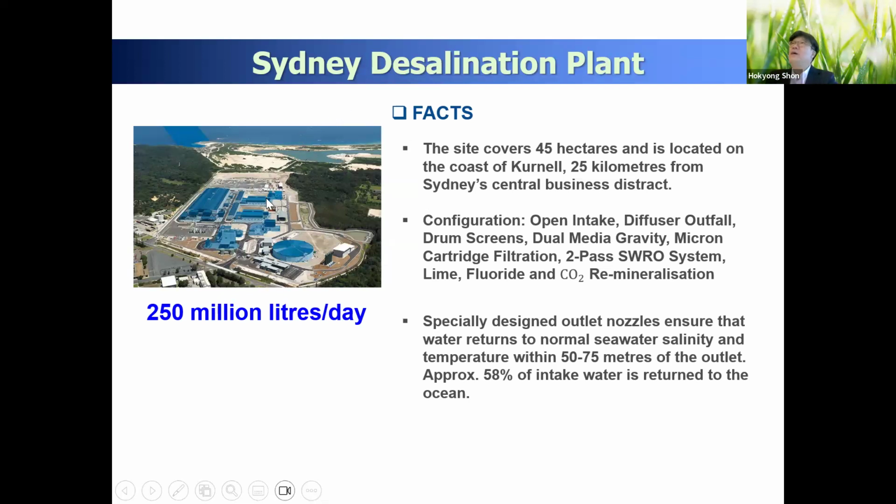We collect our seawater from this water, and then diffuser, drum screen, dual media gravity filtration, micro cartridge filtration, two-pass SWRO, lime, fluoride, CO2. Compared to other desalination plants, the Sydney desalination plant includes fluoride. What's the impact of the fluoride?